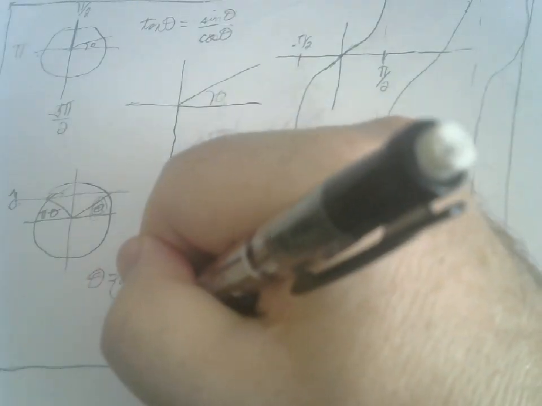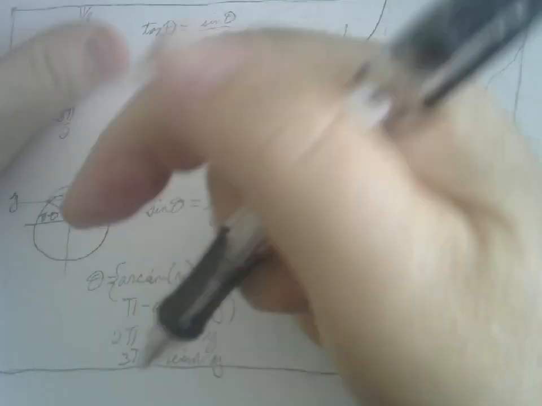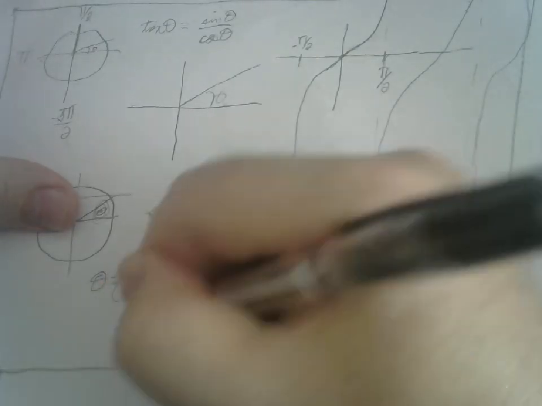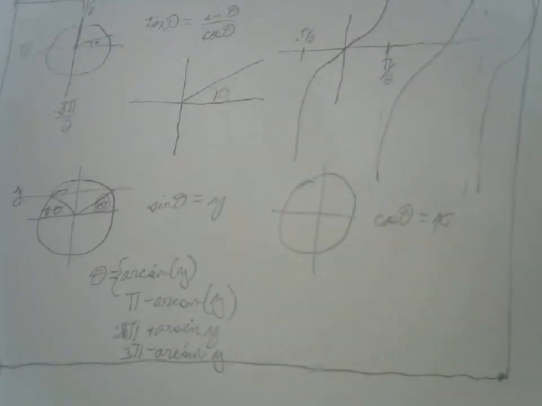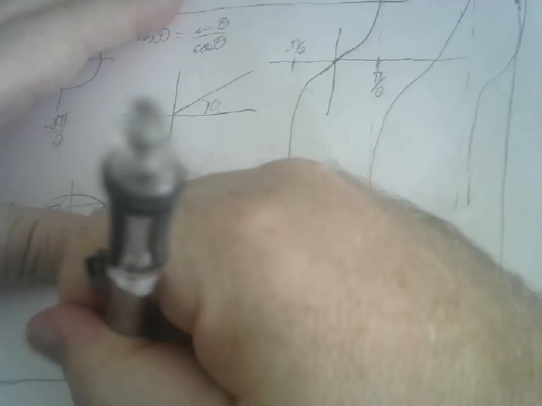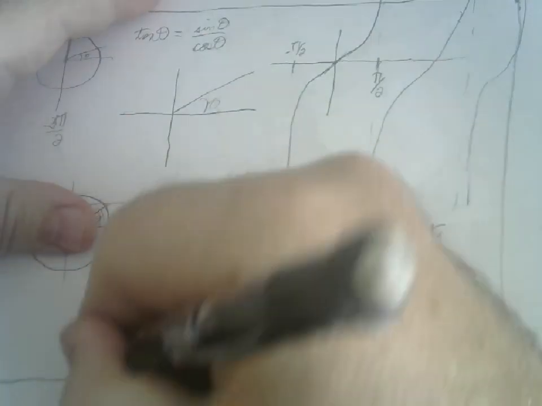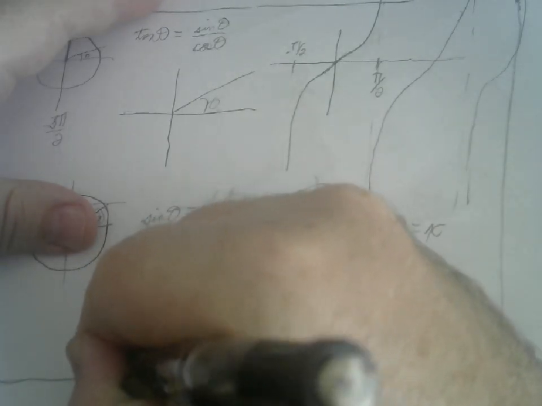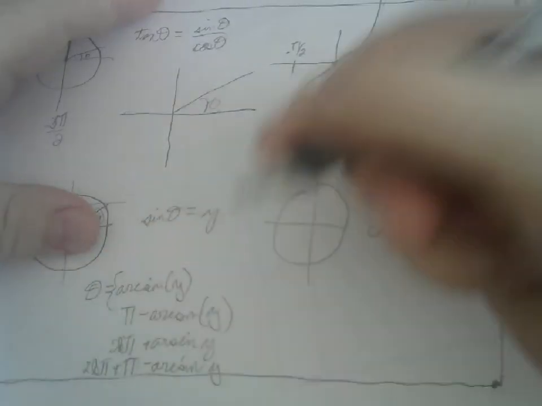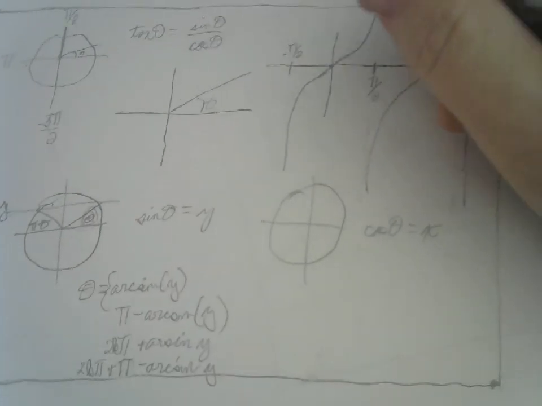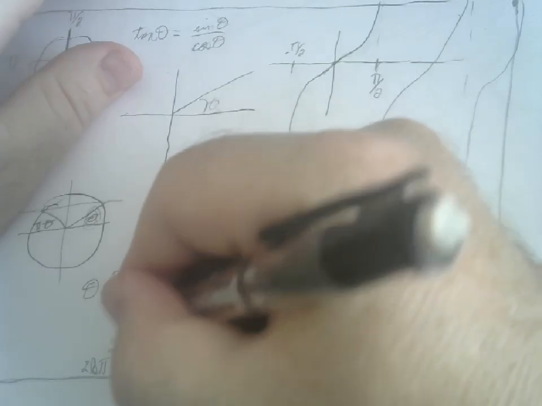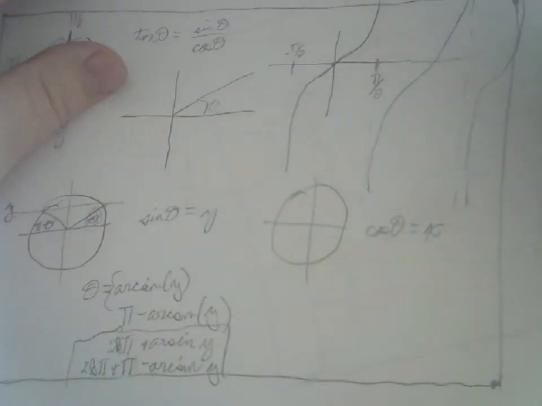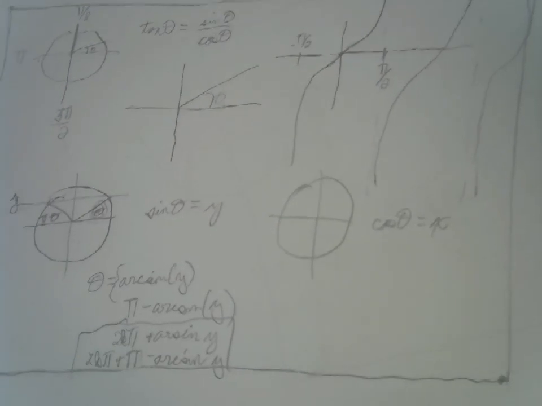So instead of 2 pi plus arcsine y, let's call it 2k pi, or k times 2 pi, because it can be 2 pi, 4 pi, 6 pi, 8 pi. And here we can go 2k pi plus pi minus arcsine y. So you can again have 2 pi, 4 pi, 6 pi, 8 pi, and that would be the way to represent the entire solution set.